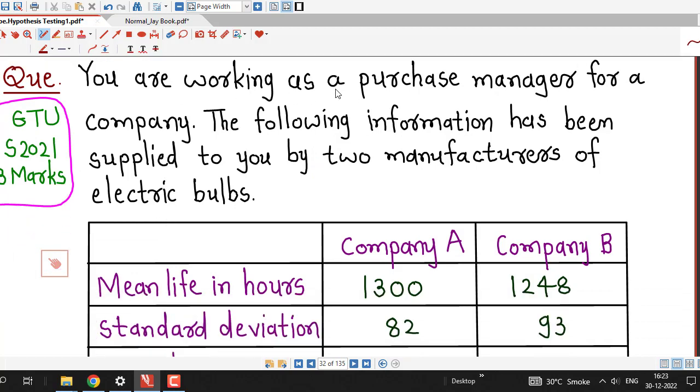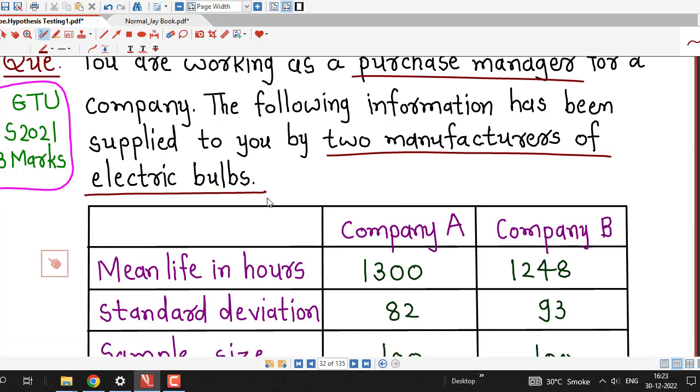First we understand what this question is about. You are working as a purchase manager for a company. The following information has been supplied to you by two manufacturers of electric bulbs.